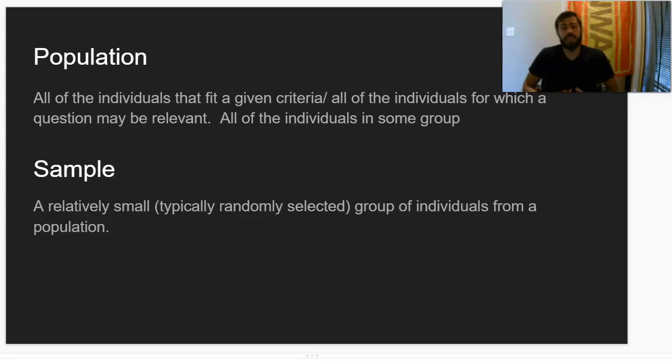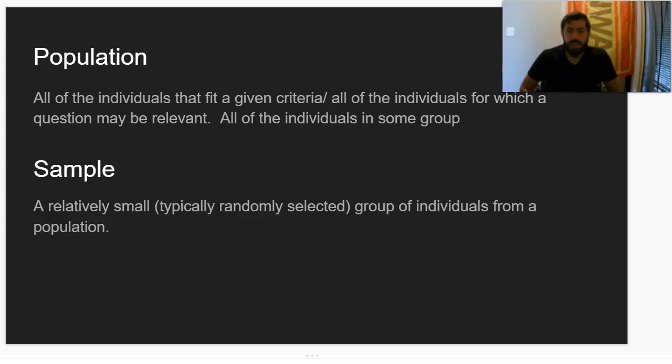The reason that distinction is important is, like we said before, when we're making an inference, our sample has to be representative of our population. So if the population that my question is addressing is everybody in the US, and I only sample people from Texas, then my sample isn't representative of my population. And a sample is a relatively small group of individuals from a population.